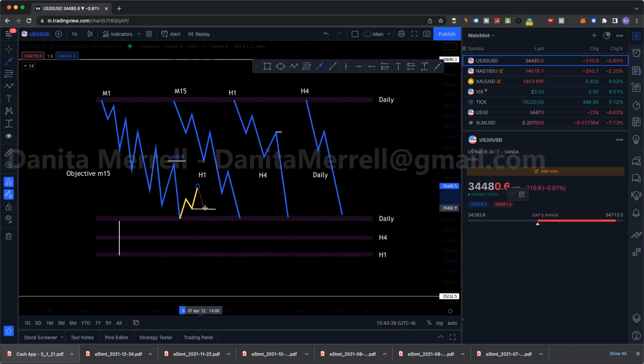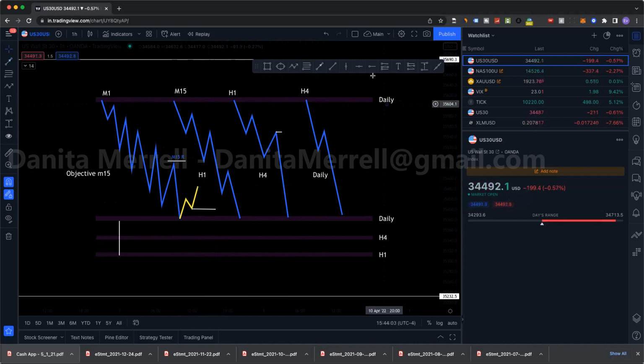M15, right? If M15 has a breakout, then we know that H1 to H1 is now complete. And once we break our new H1 resistance, whatever resistance had been created on H1 after it has closed, we know that we're safe to go to H4. Okay, H4 resistance over here.